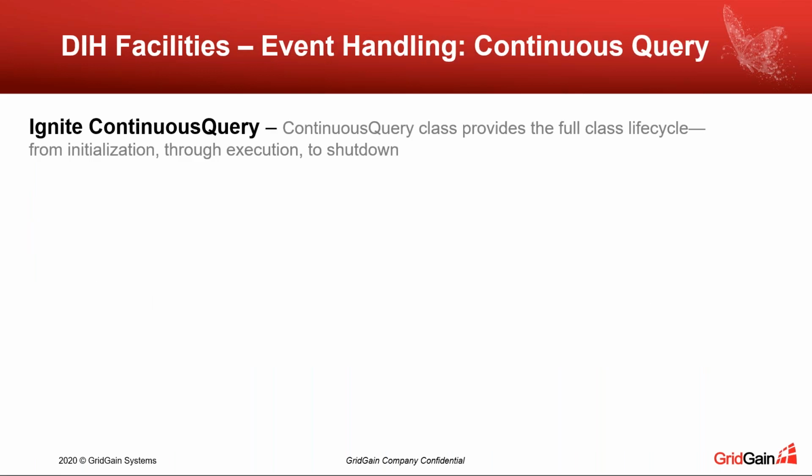All right, moving on from integration to compute, let's talk about the compute that will focus on event handling and the interfaces that can call compute logic on real-time events. There are three primary event-triggered facilities that Ignite provides that you would use in a digital integration hub.